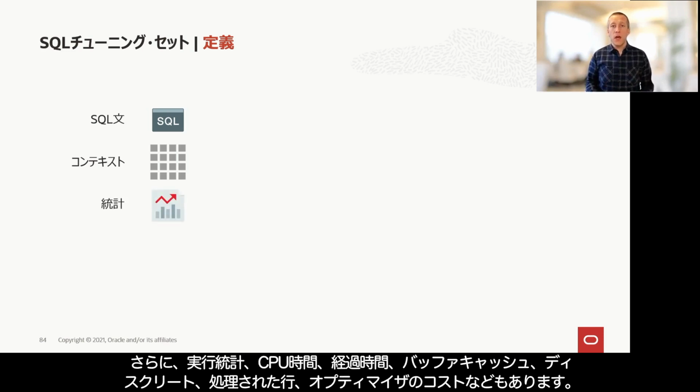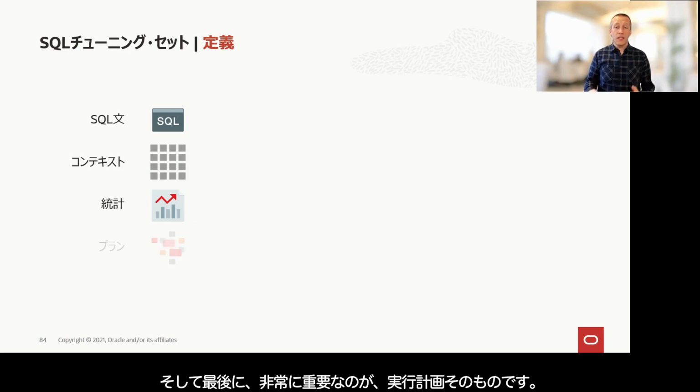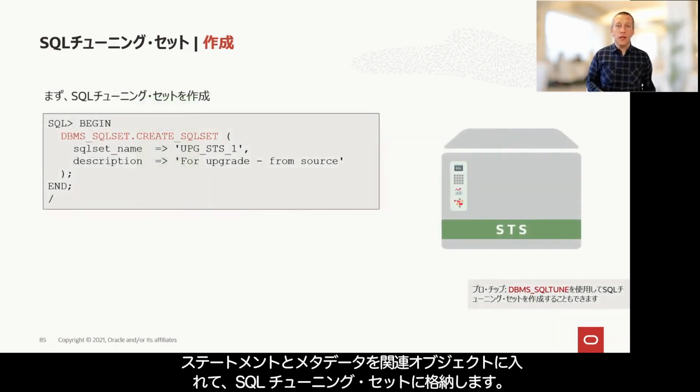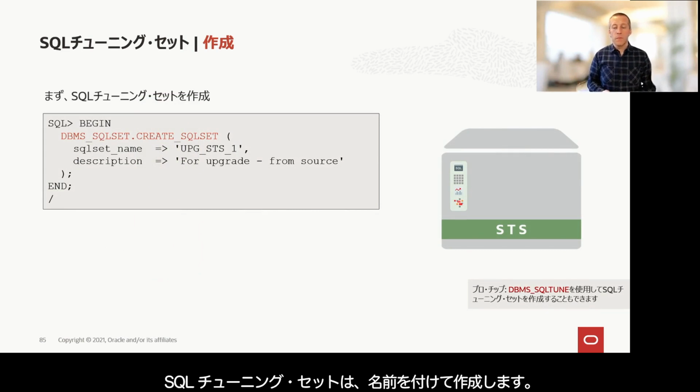In addition, we have execution statistics: CPU time, elapsed time, buffer gets, disk reads, rows processed, optimizer cost, and so forth. And last, but very important, we have the execution plan itself. Take the statement and the metadata, put it in a related object, and store it in a SQL tuning set. You create a SQL tuning set by giving it a name.